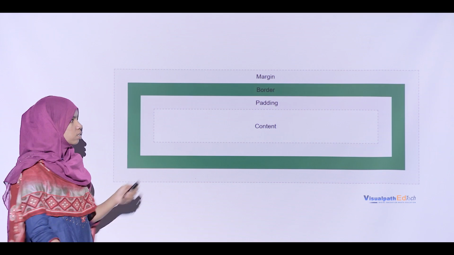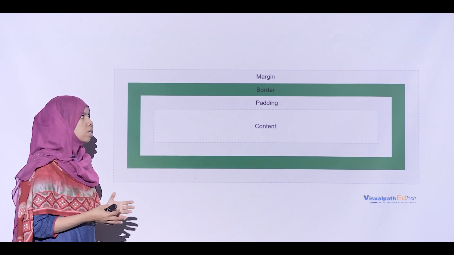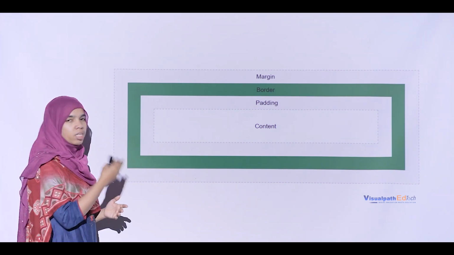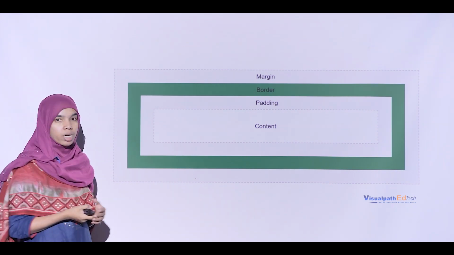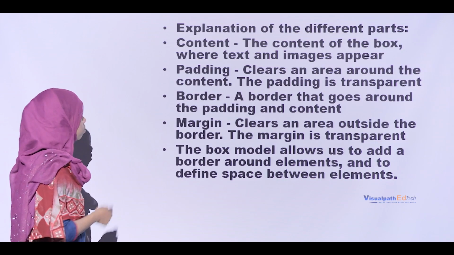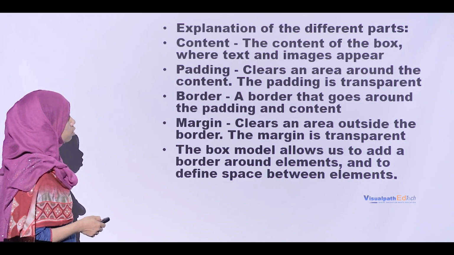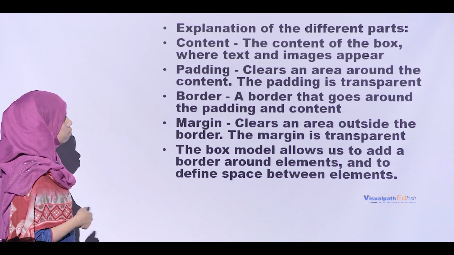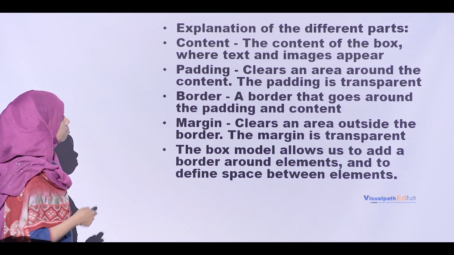So that's how it is. The content is always inside, embedded within the padding, border and the margins. So an explanation of each part is given to you here. You can have a glance at it. Whatever I have explained previously is given to you here.